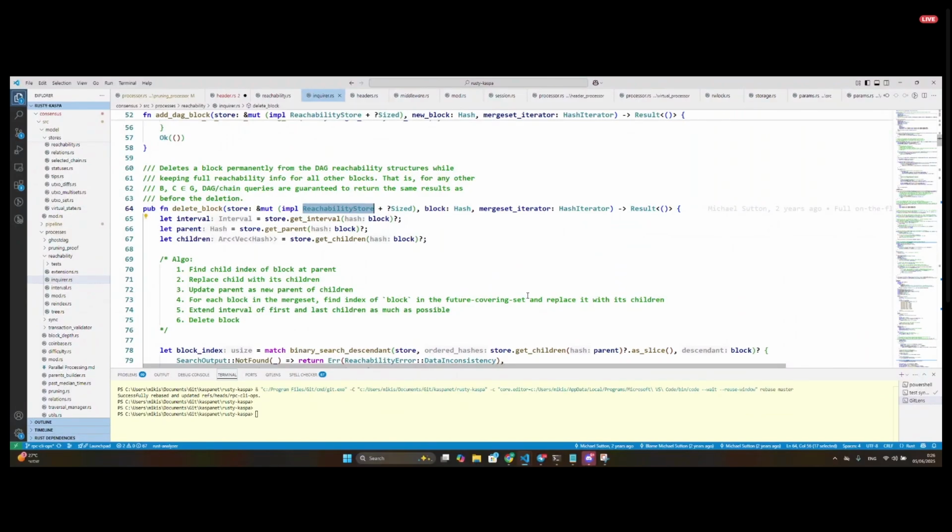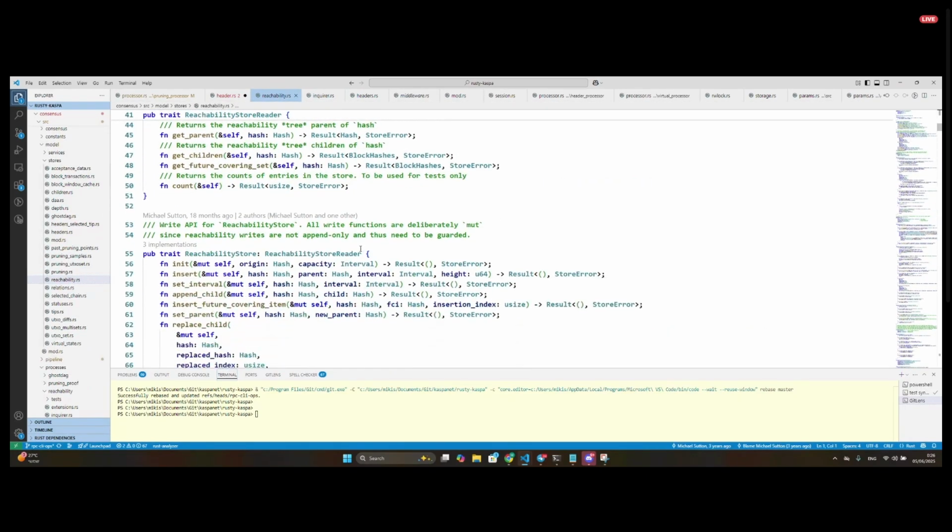But the stores themselves can be much more complicated. In the staging case, it's a more complicated structure. But there's a separation between the algorithm layer, which is mostly inside the reachability inquirer, and the reachability store, where you can have the staging.